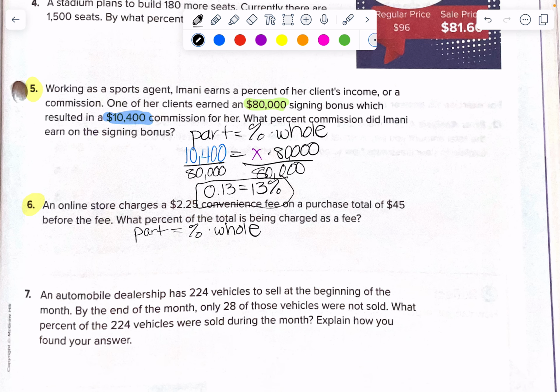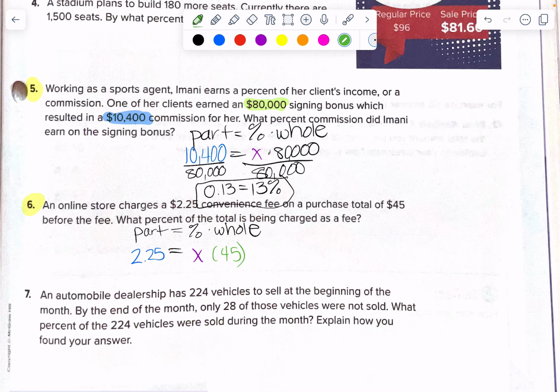Number 6, an online store charges a $2.25 convenience fee on a purchase total of $45 before the fee. What percent of the total is being charged as a fee? I would always ask yourself, do we know the percent? In this case, we don't. I do know that the $2.25 is a fee, which is a part, and then the total here was 45.